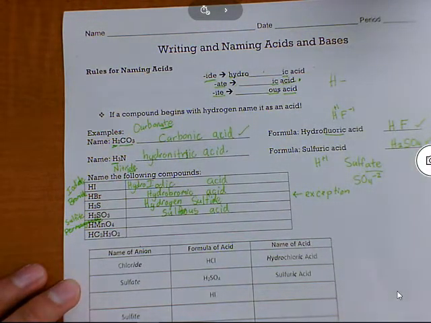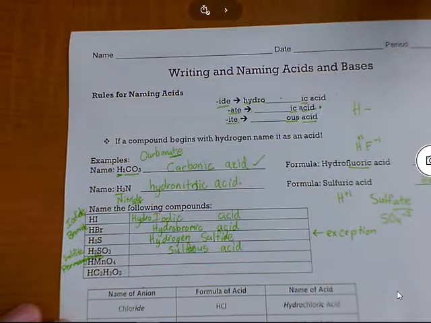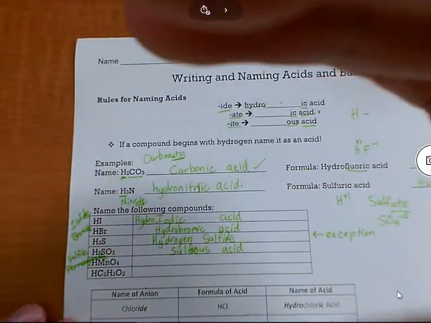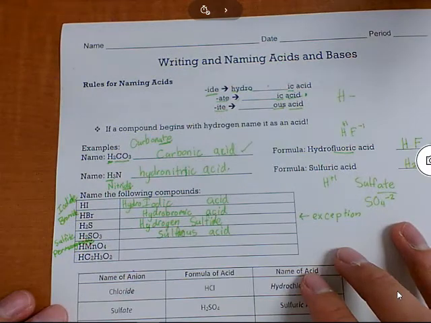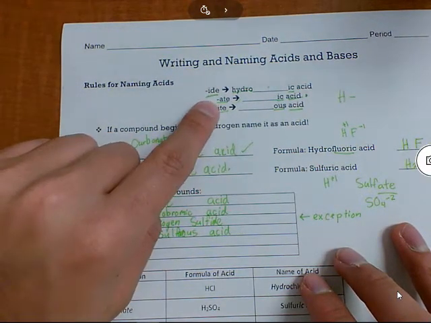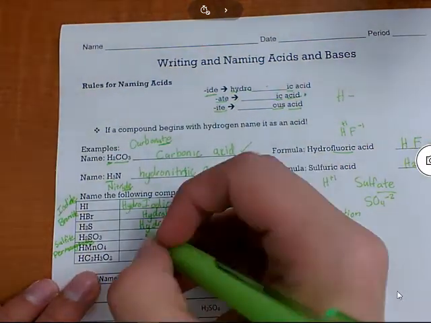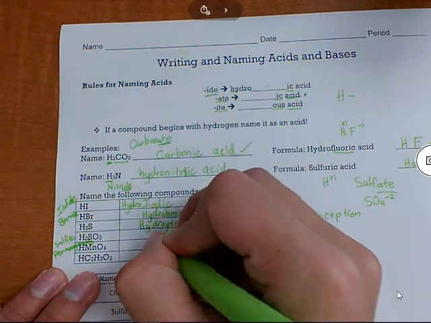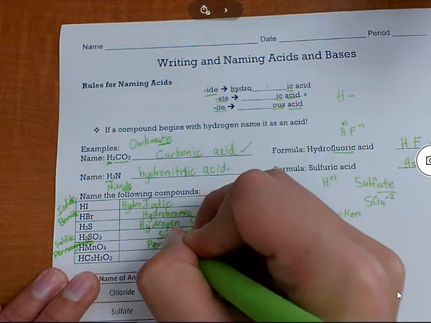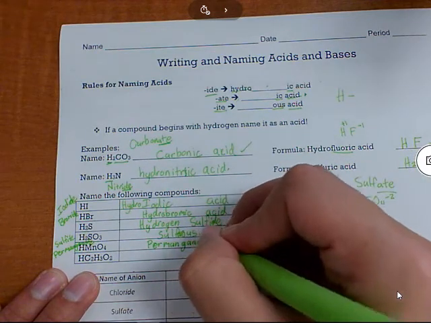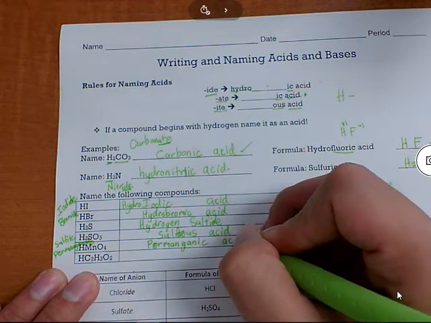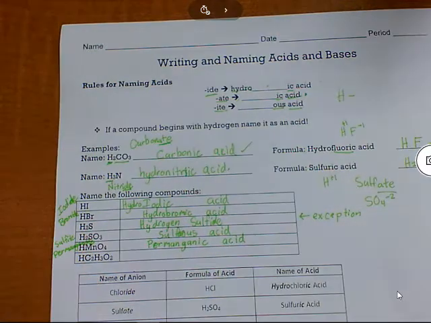Is that better? That's a little better. Ends in ATE, so it's going to follow the second rule. So it's going to be permanganic acid.